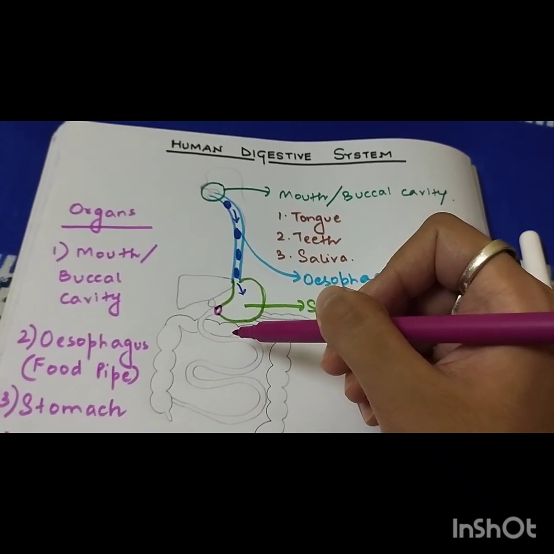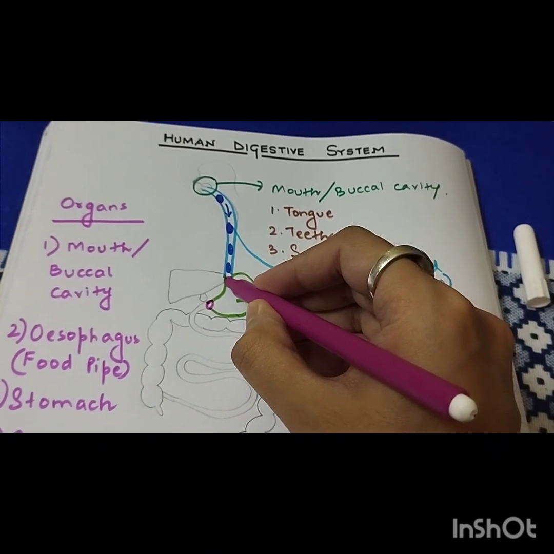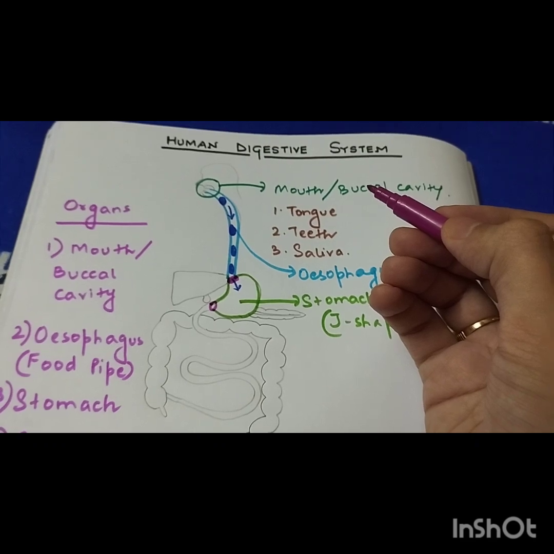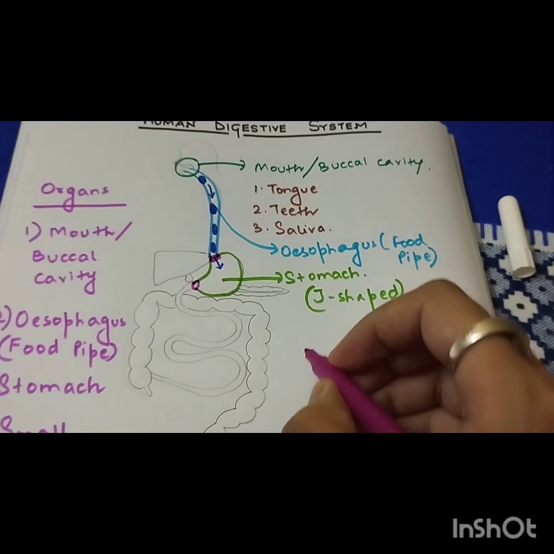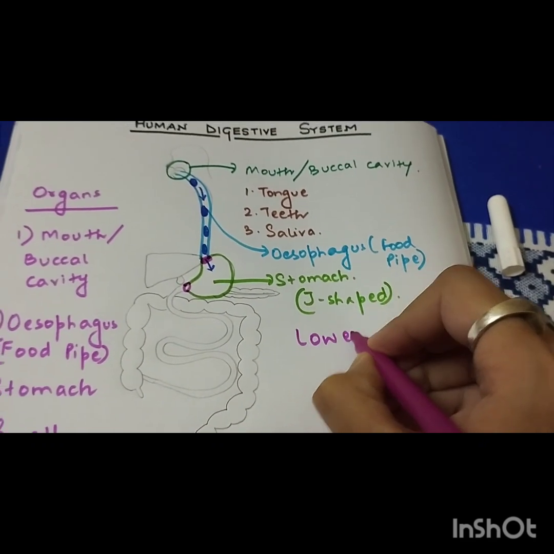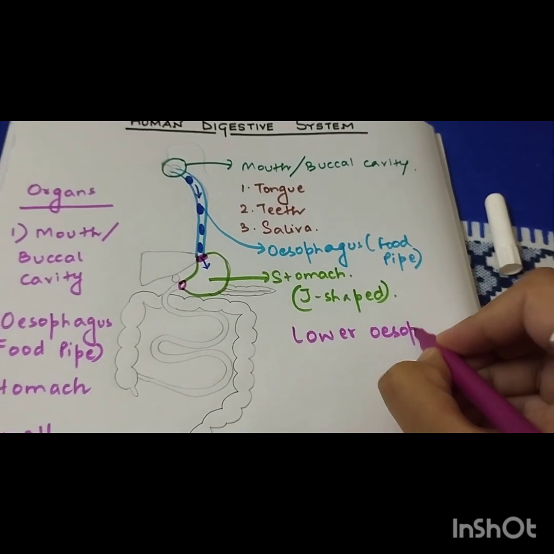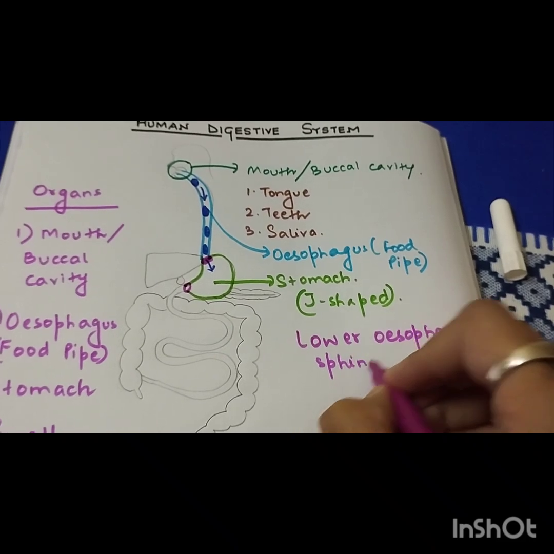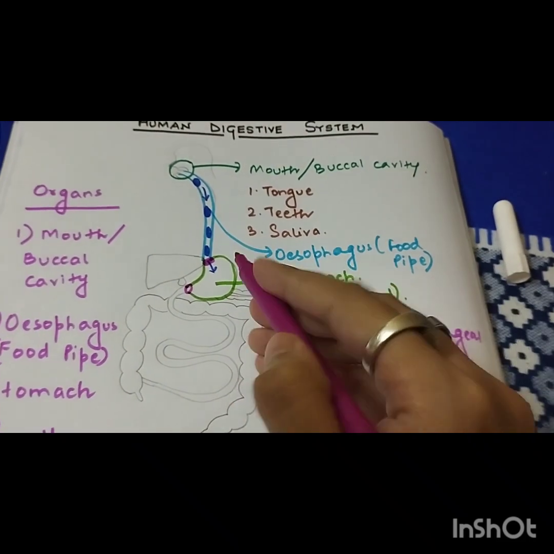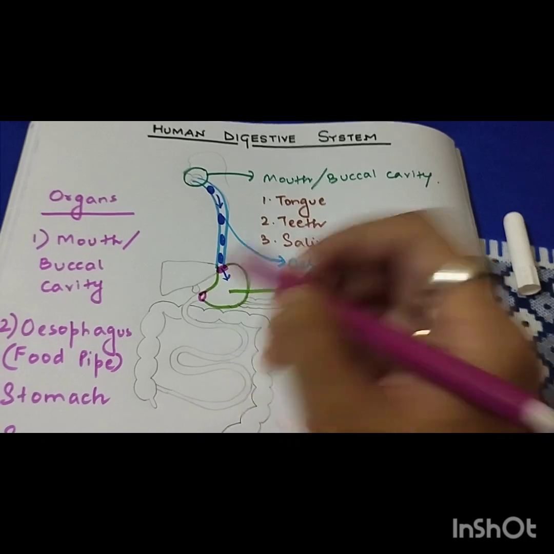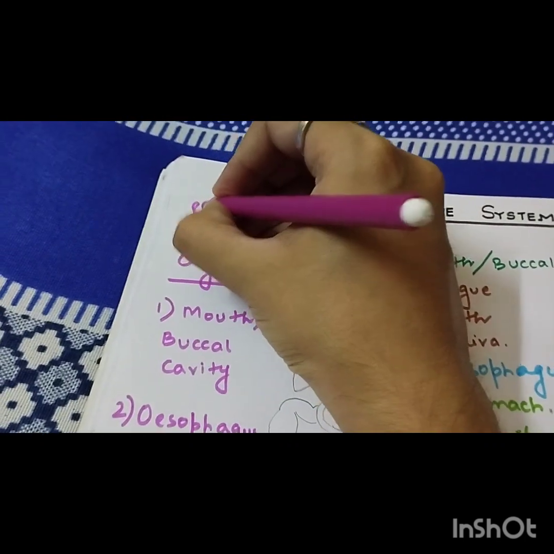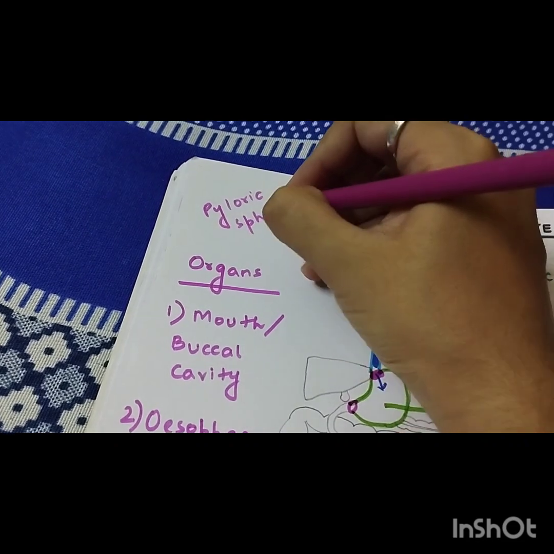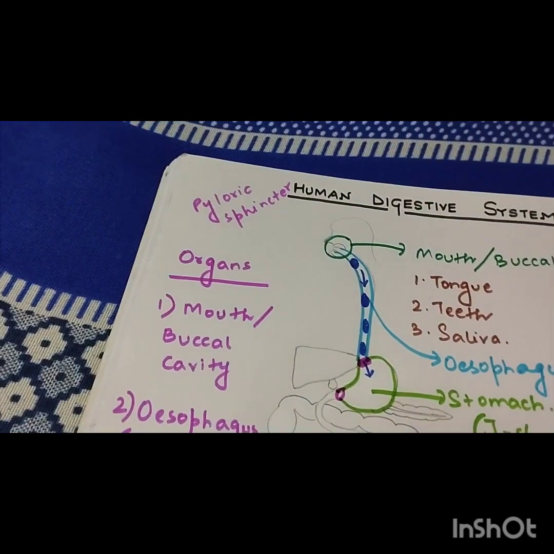If we are talking about sphincters, then one more sphincter is present over here, which is known as the lower esophageal sphincter. I'll write down the spellings for you. Lower esophageal sphincter, which is this one, and this one is known as the pyloric sphincter.